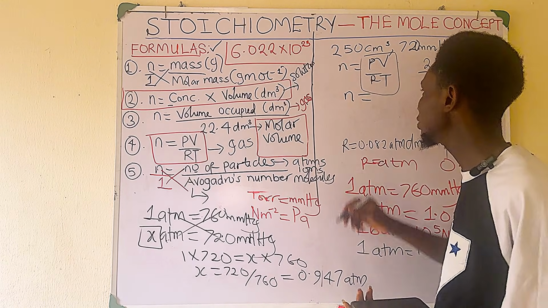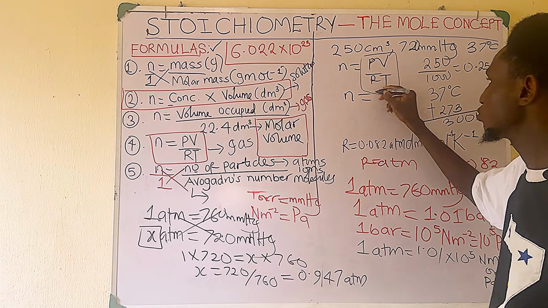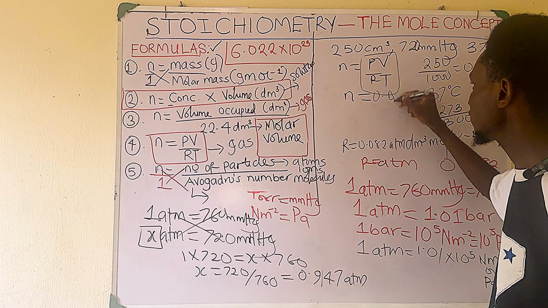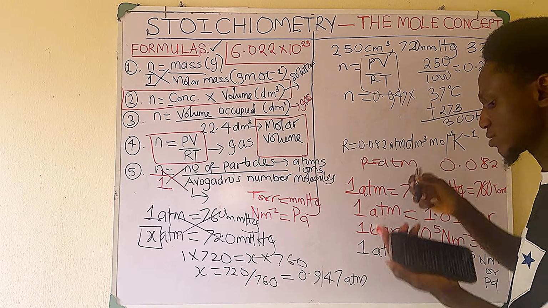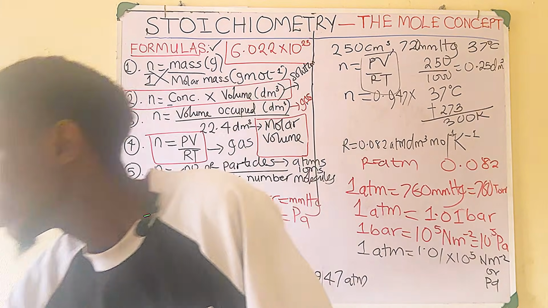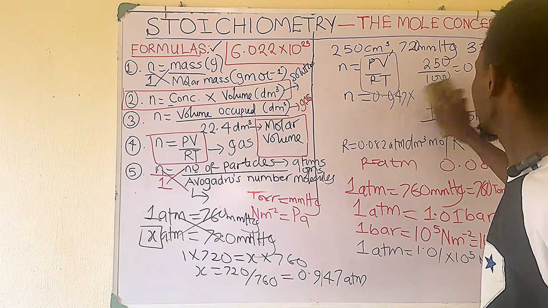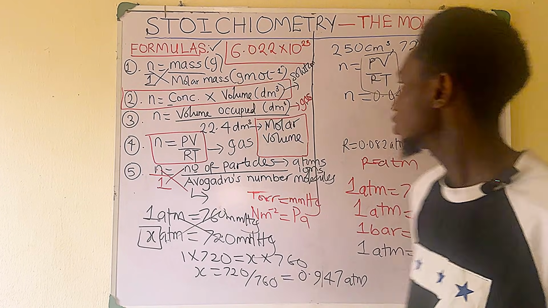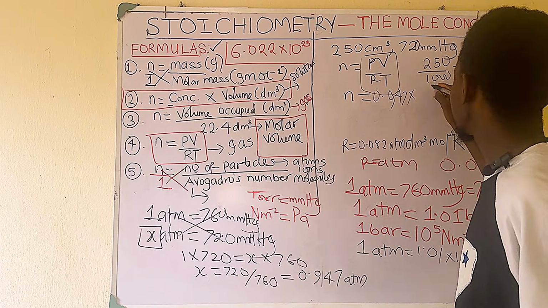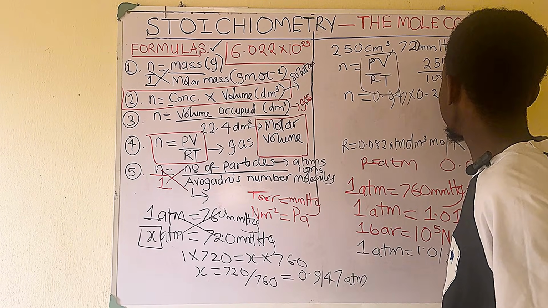So from there now, if you put everything into this formula, you're going to do 0.947 times, what was the volume? The volume is 0.25.